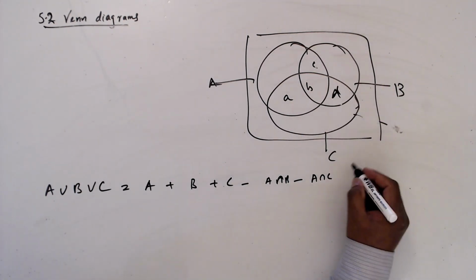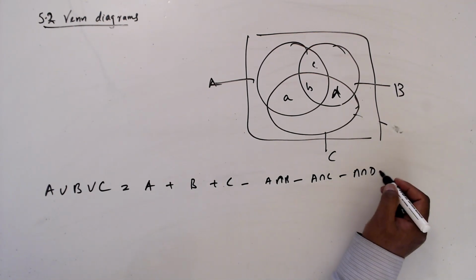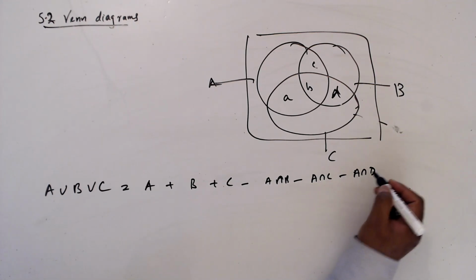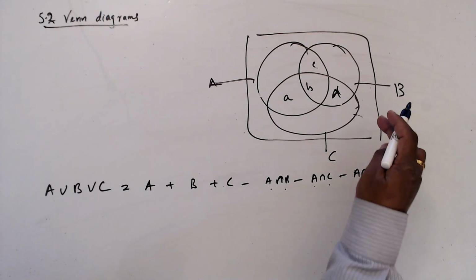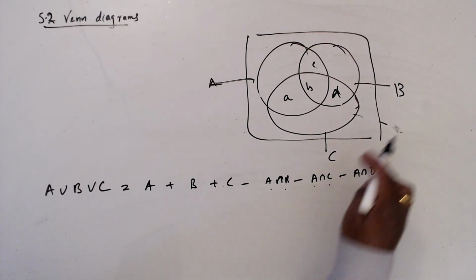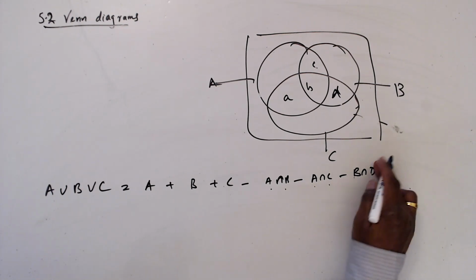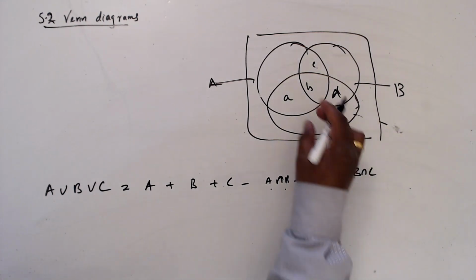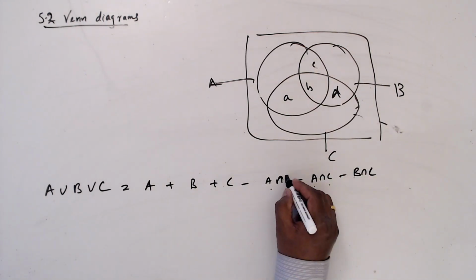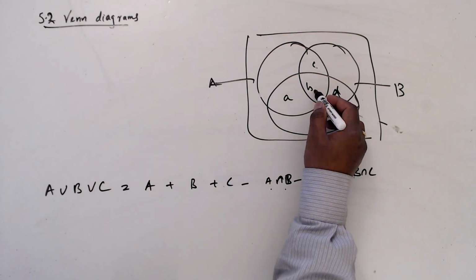Now BD removed, A intersection D, A intersection B, A intersection C, then B intersection D, B intersection C. Now I remove all the repetitions, you can check. But what will happen now? I remove all, there's no more B left.